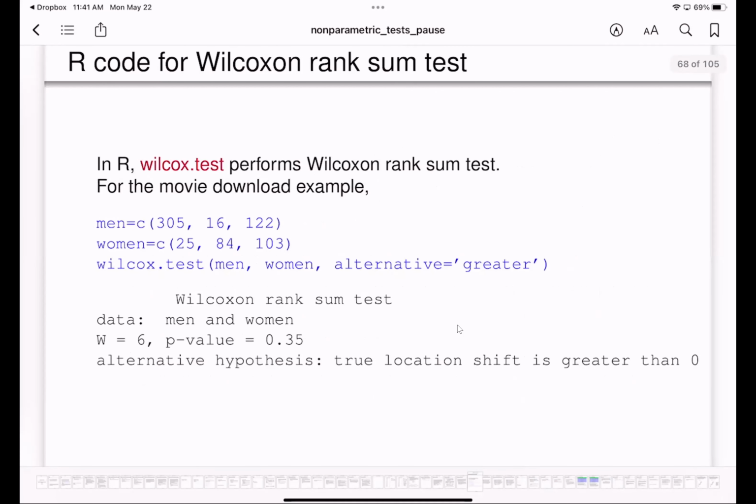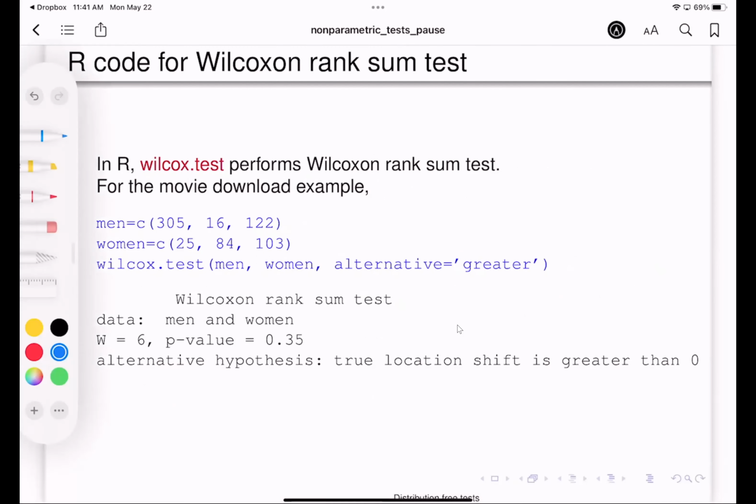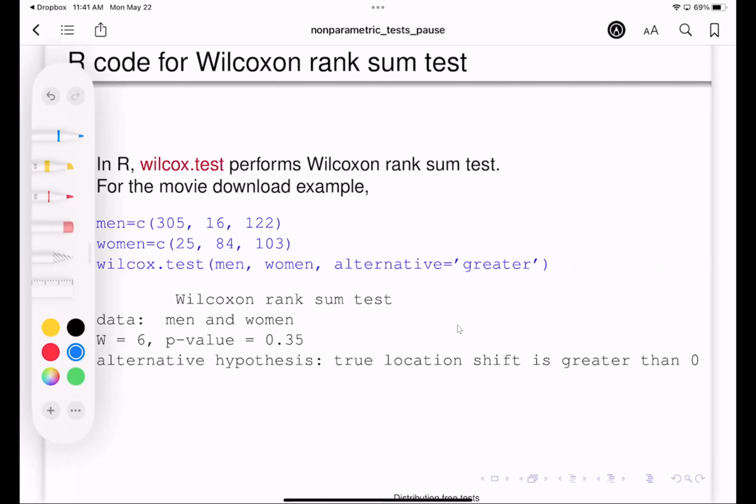How do we conduct the Wilcoxon rank sum test in R? We can simply use wilcox.test and specify the men and women. This is an identical command to the signed rank test, except now we provide two variables, the men and the women.